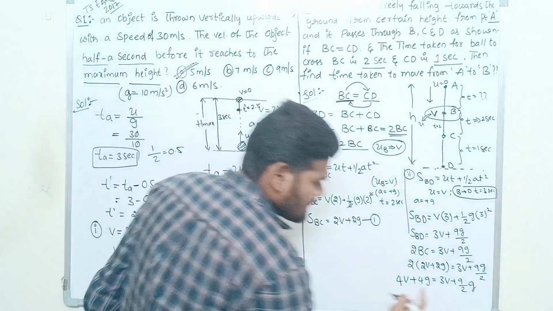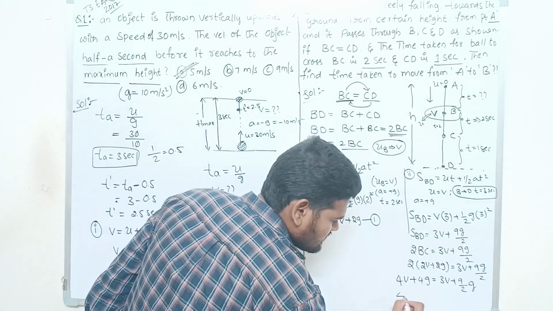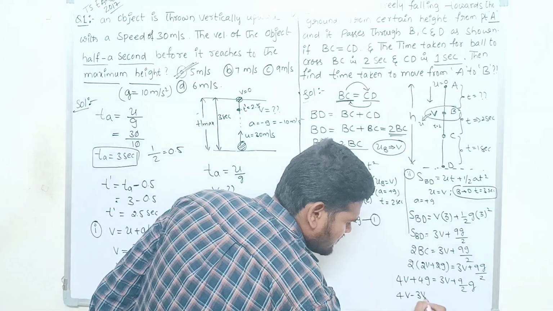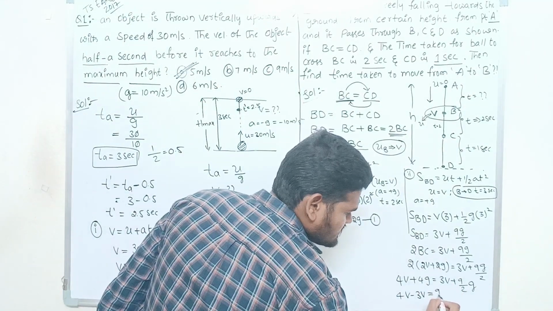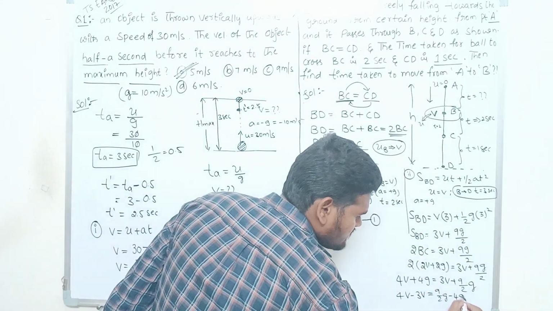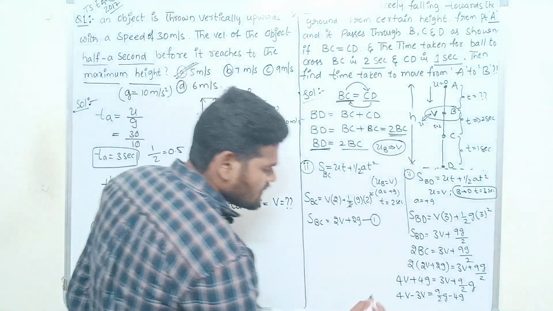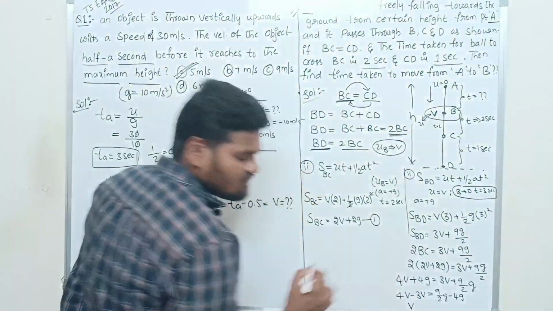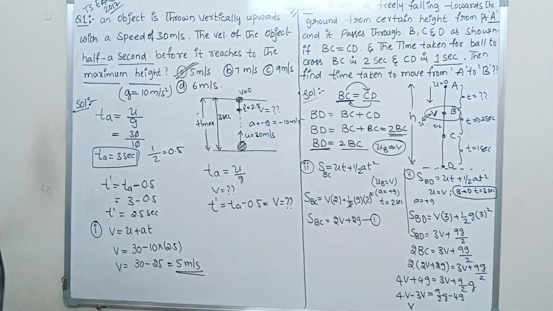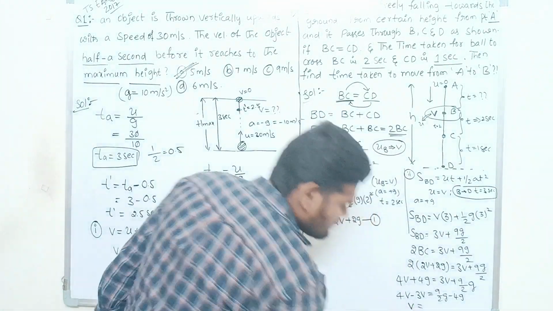Just bring 3V to this side. It becomes 4V minus 3V, which is equal to 9 by 2 G minus 4G. 4V minus V is how much? V.